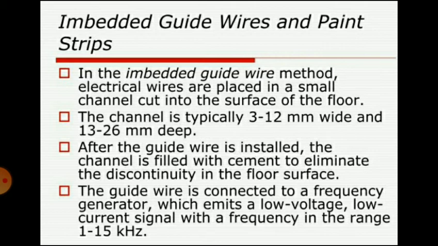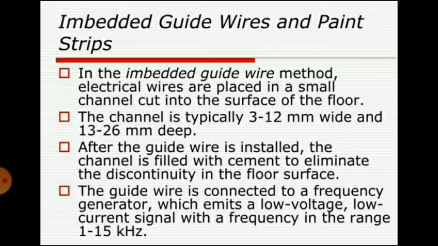In the embedded guide wire method, electrical wires are placed in a small channel cut into the surface of the floor. The channel is typically 3 to 12 mm wide and 13 to 26 mm deep. After the guide wire is installed, the channel is filled with cement to eliminate the discontinuity in the floor surface.